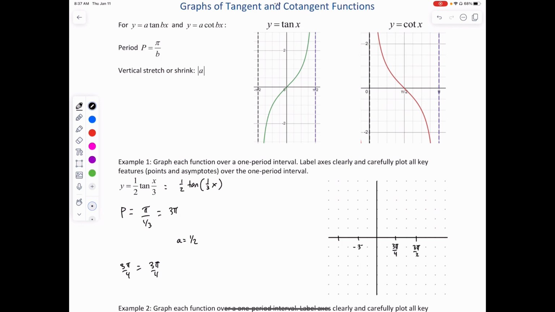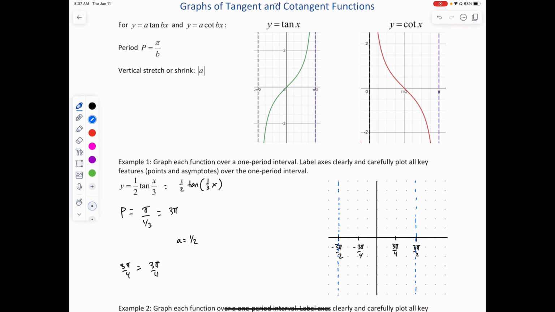This is negative 3 pi over 4, negative 3 pi over 2. And we notice together from negative 3 pi over 2 to 3 pi over 2, we get that period of 3 pi. It's important when doing this that you do sketch the vertical asymptotes.